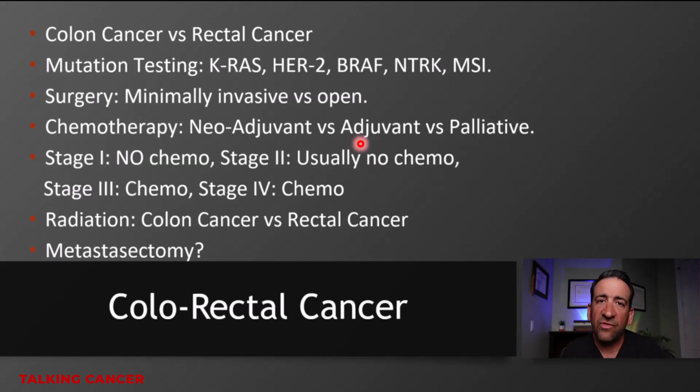Maybe you have microscopic cancer cells somewhere else in your body that we cannot see, because remember, the CAT scan, the bone scan, a PET scan, none of these tests will detect microscopic disease, and then we will give you chemotherapy to try to eradicate these potential cancer cells. And adjuvant treatment, obviously, is to try to cure you, and we give it for an amount of time. In colon cancer, it's usually anywhere between 3 to 6 months of treatment post-surgery.